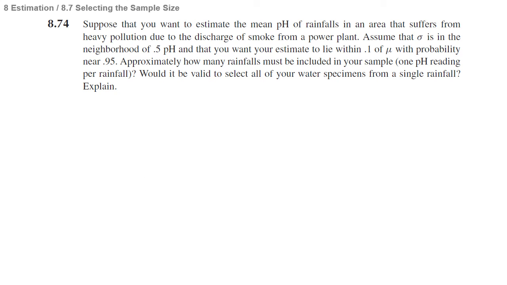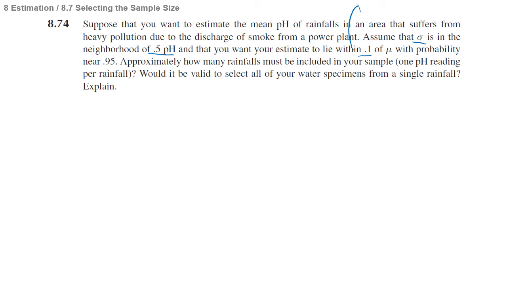Let's move on to exercise 8.74. Suppose that you want to estimate the mean pH of rainfalls in an area that suffers from heavy pollution due to the discharge of smoke from a power plant. Assume that sigma is in the neighborhood of 0.5 pH and that you want your estimate to lie within 0.1.